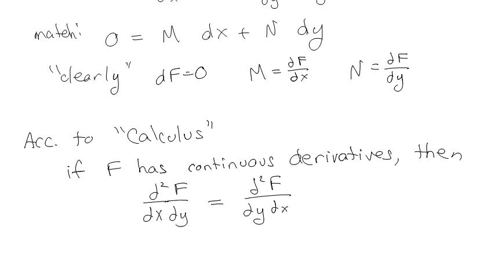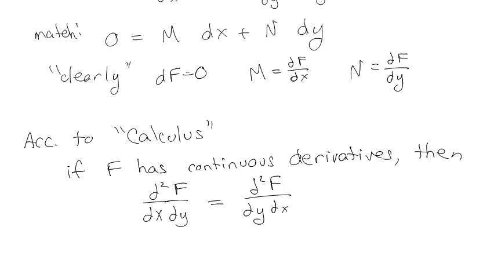I think I said it backwards, but I think you get the point: it shouldn't matter which direction I do the derivative in. If I do the same kind of derivative in just a different order, I should still get the same final answer. So we're actually going to depend on that.